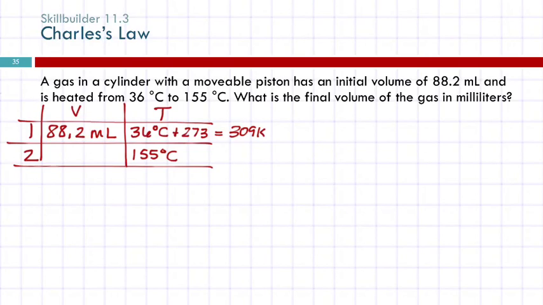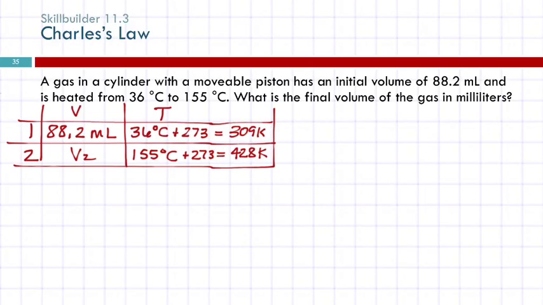That's fine. 309 Kelvin. And 155 plus 273, 428. So I have one blank in my table, and I'm going to call that V2.